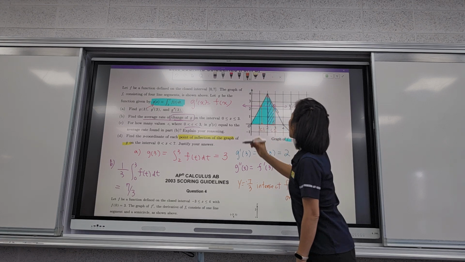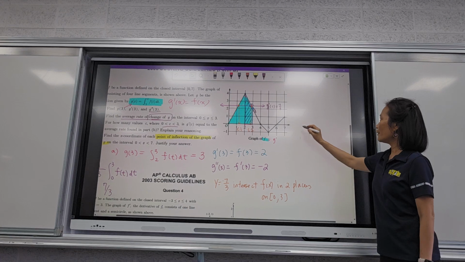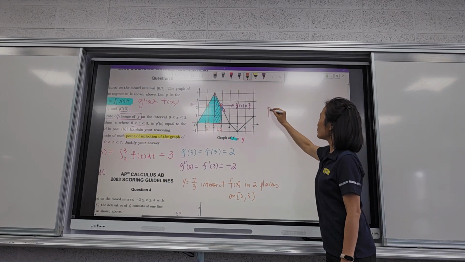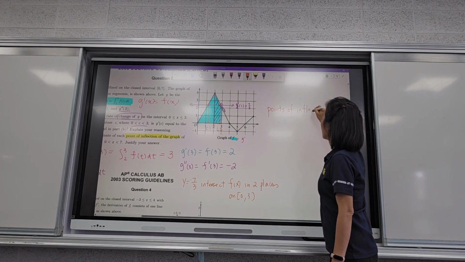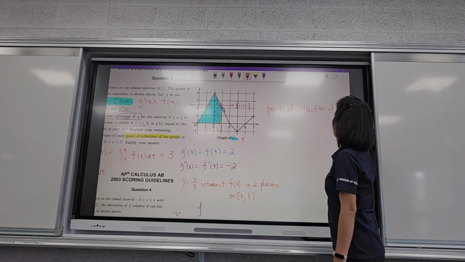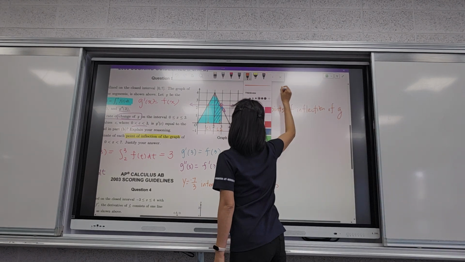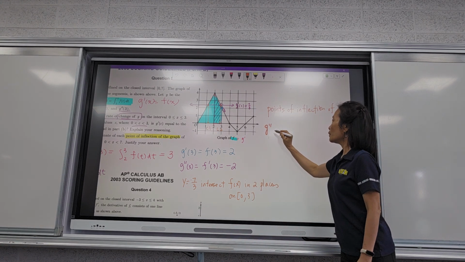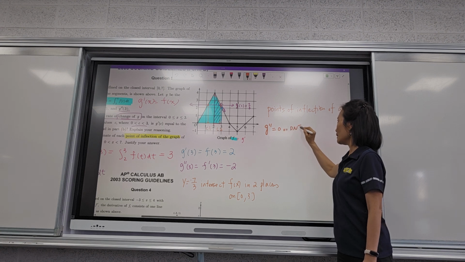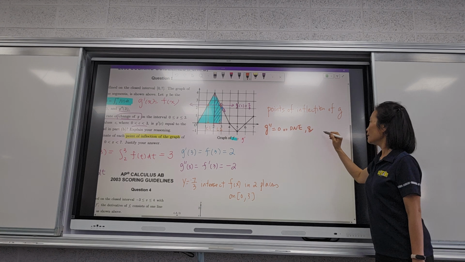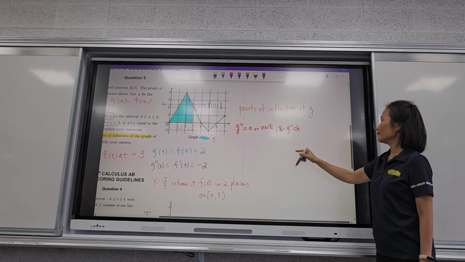All right? So this is finding the point of inflection. That means I want to find where the second derivative of g is equal to 0 or does not exist, and the second derivative changes sign.